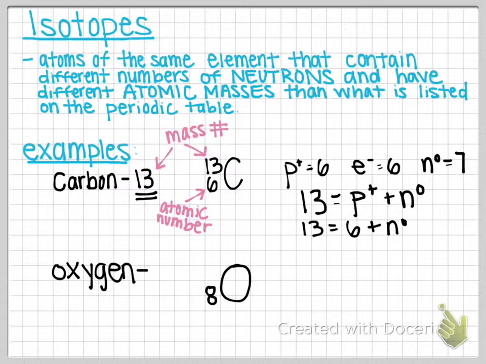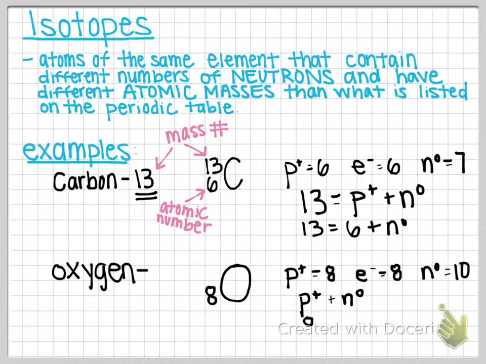I don't know the mass yet, but we know it has 8 protons, 8 electrons, and if I said that it had 10 neutrons, you could take that information and figure out the mass. Again, the mass is protons plus neutrons. So 8 plus 10 equals 18, and that is my mass number, which is going to go on top here, and it's also going to go in front of that oxygen dash. So this is an isotope of oxygen-18.